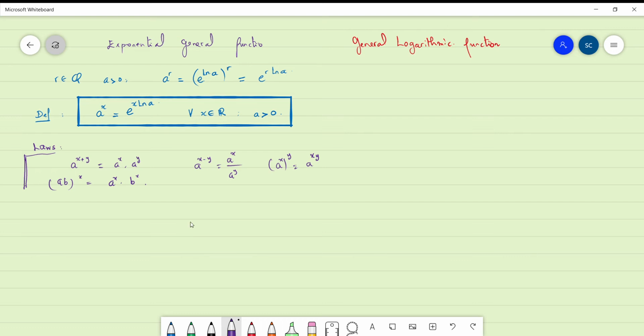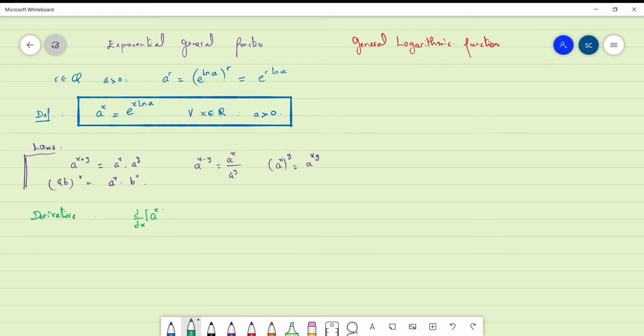Now, what about the function's derivative? Let's discuss the derivative of the general exponential function base a.